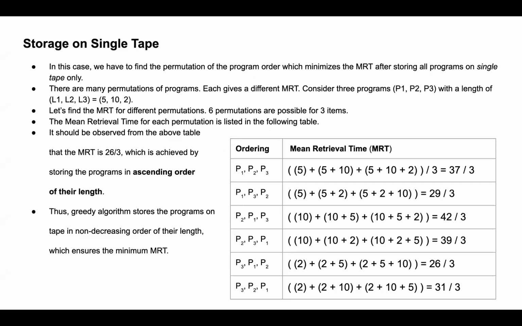In this case, we have to find the permutation of the program order which minimizes the mean retrieval time after storing all programs on a single tape only.